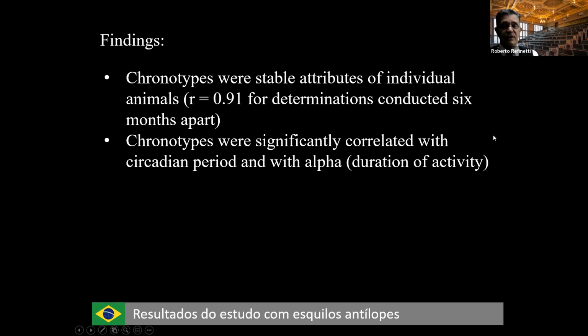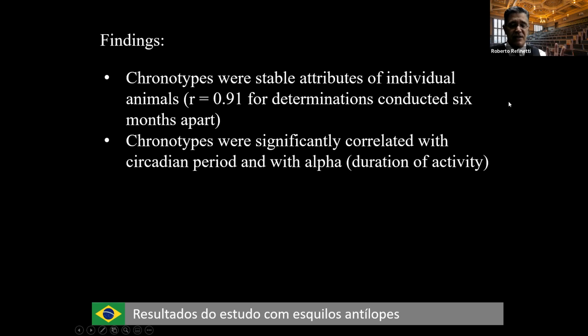Alpha is the duration of the activity in each day. We don't have time now to go into this, but that helps explain, or at least it's a potential explanation of, the differences in chronotype, because a shorter circadian period would require the animal to start activity earlier, or a longer period.